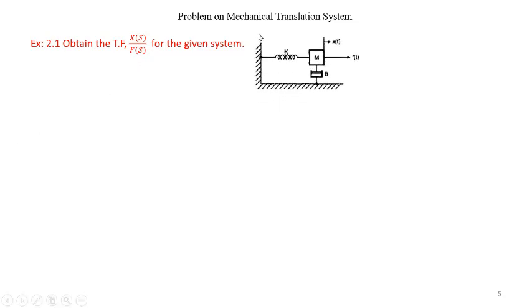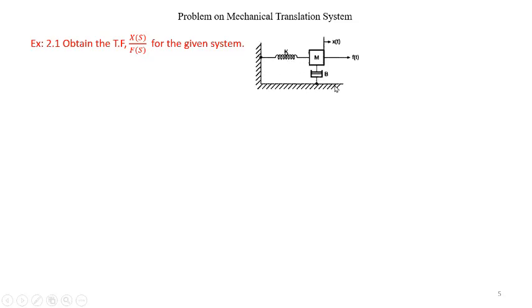Here we can see the system. We are having 3 elements which is having mainly the translation motion: mass, damper and spring.